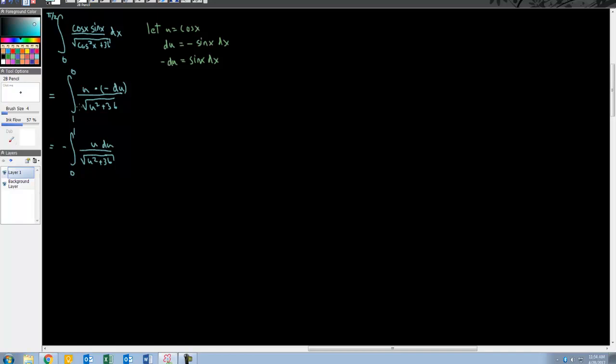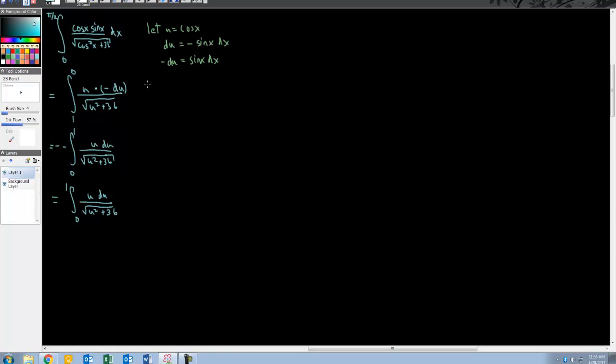If I factor that negative sign out, now I have two negative signs out front, and negative times negative is a positive. So my result is the definite integral from 0 to 1 of u du over u squared plus 36.